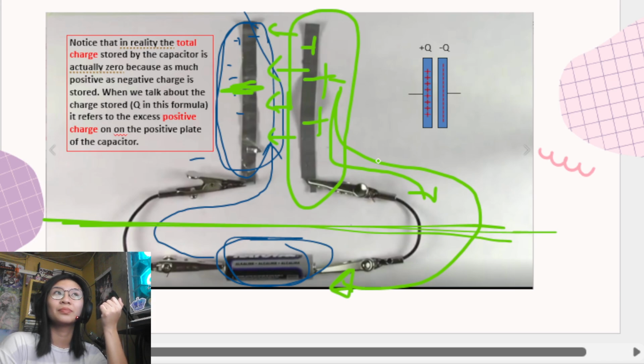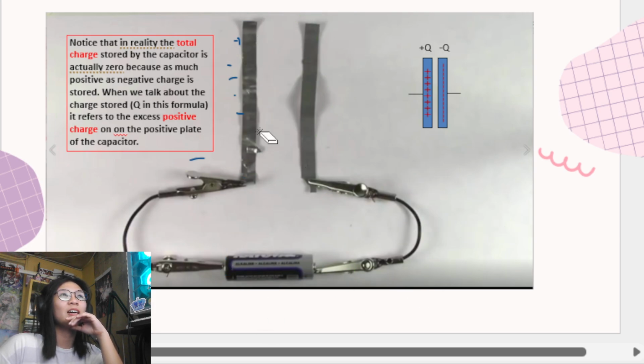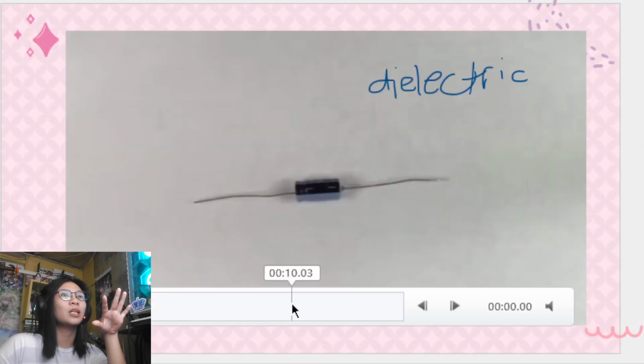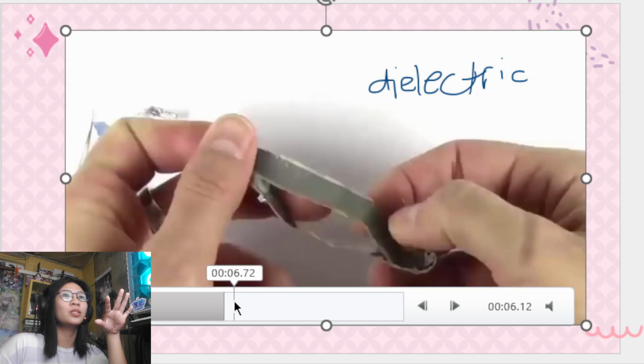Ayan na siya. Then we have what we call the dielectric that separates the two. So unsa na siya ang iyang role sa atong dielectric? Remember that dielectric acts like a separator between the two. If makita nimo dito sa ato ang video, you can see here it separates the two strips.